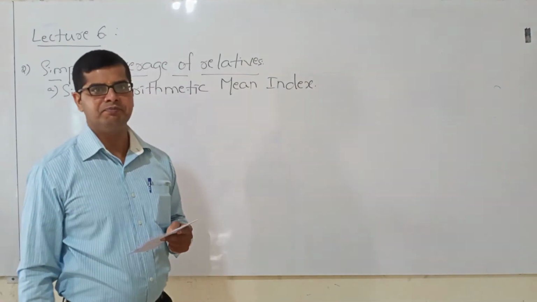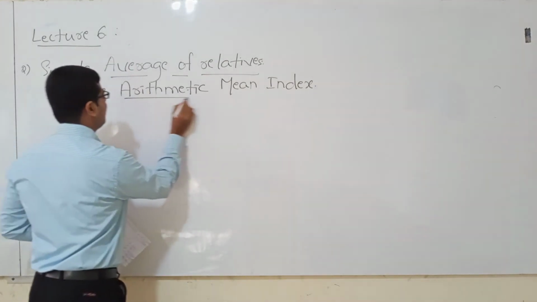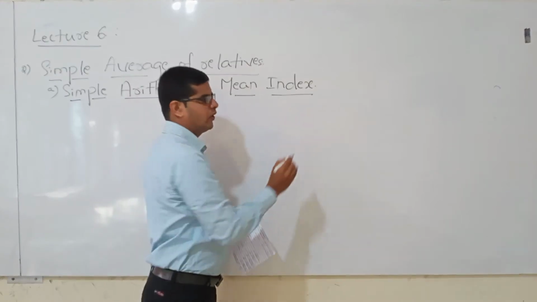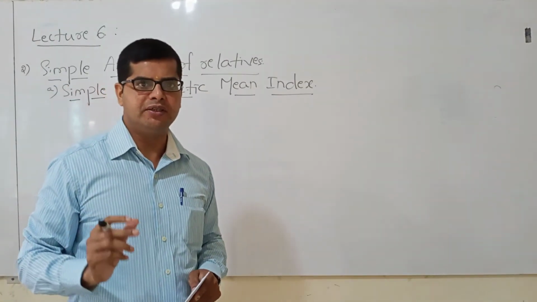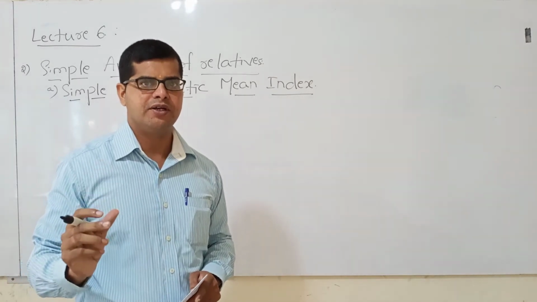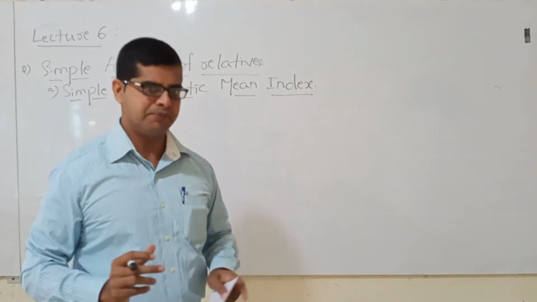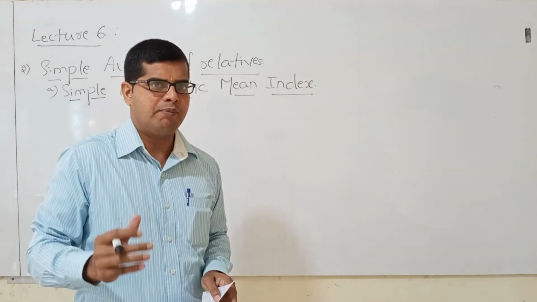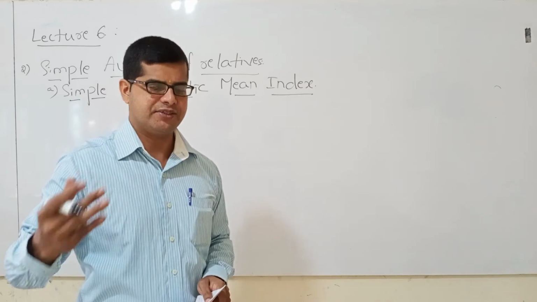Simple arithmetic mean index. Under this, hoping that you know about arithmetic mean, one of the common averages, one of the common methods of statistical tools we use. You know about arithmetic mean from what you discussed in your first PUC classes.